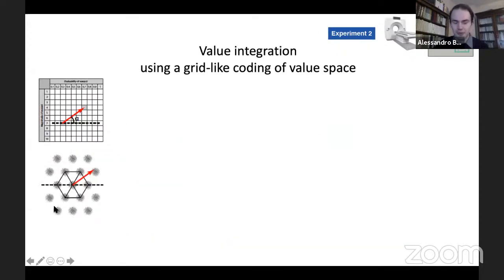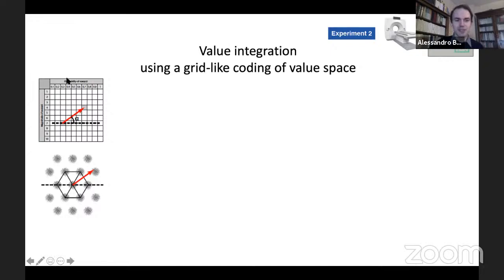Now, in order to ask how this value is computed, we took this hypothesis from the literature on grid codes. So if you remember, when a rat, for example, navigates in a space, you will have some place cells that will activate and have a receptive field in just one location. But then they will have a grid cell, usually in entorhinal cortex, that has a hexagonal pattern of symmetry in the receptive field, which means that the same cell will activate in many locations, but not all over the place, with a very specific structure.